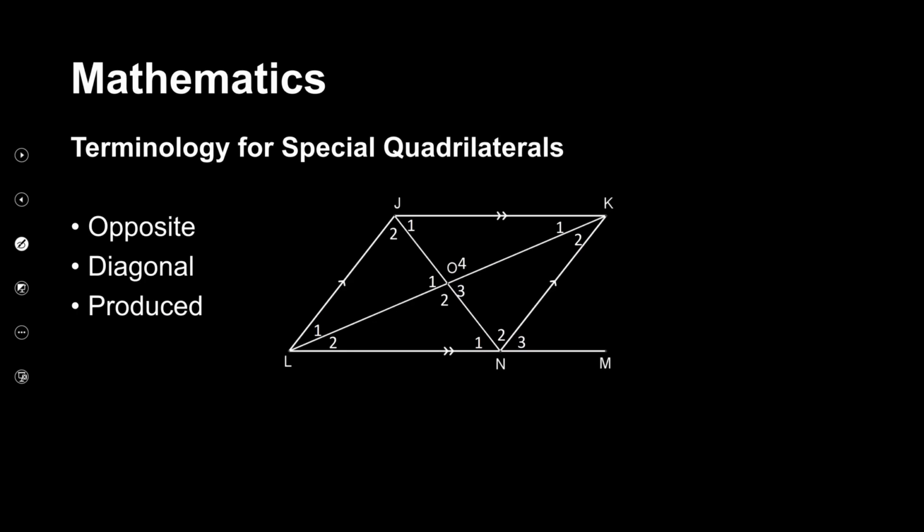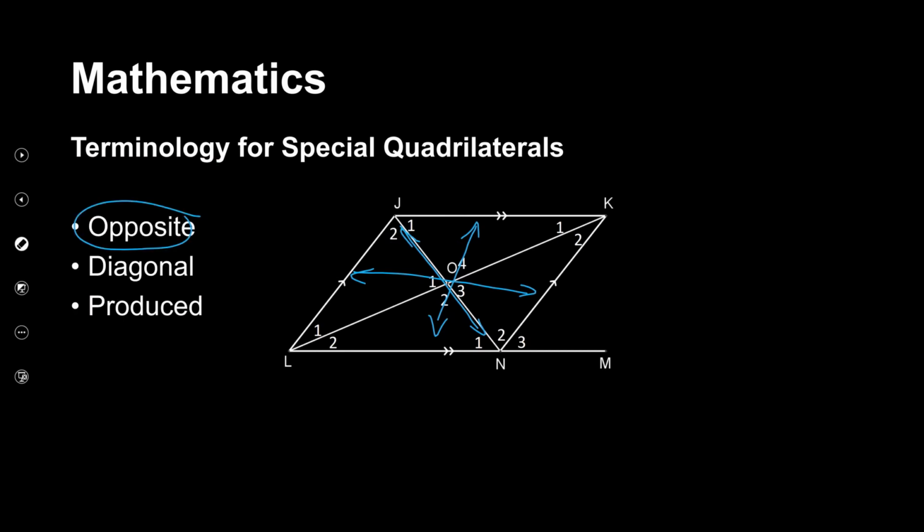So remember, the terminology that we use for the special quadrilaterals is what we call opposite. When I'm saying opposite, we know if it's sides, then that side and that side are opposite, and that side and that side are opposite, right? Even these angles here are opposite. And let me use a different color for that one.